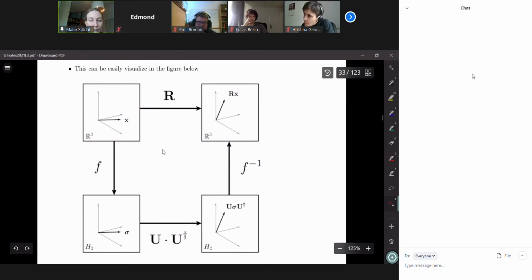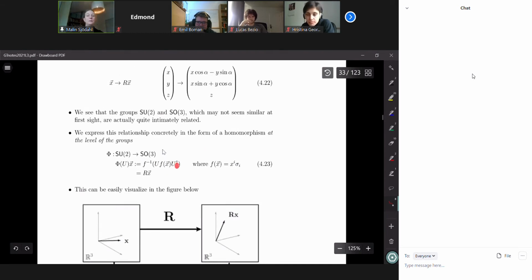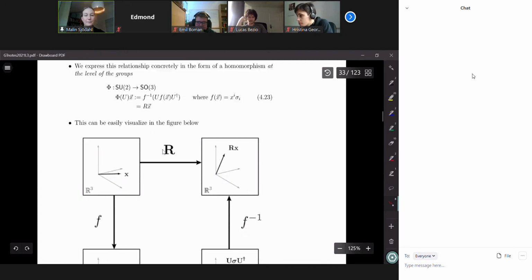Then we rotate it here, and this is done by U matrix U dagger. So we have some rotated matrix slash vector in this H2. Then we map back with F inverse, and then we are back to a real vector in R3. So that is what's happening here in this map.